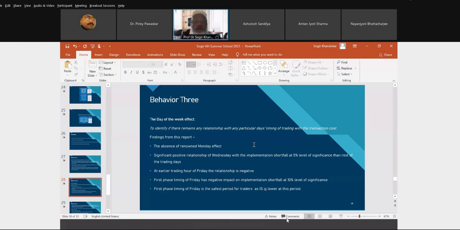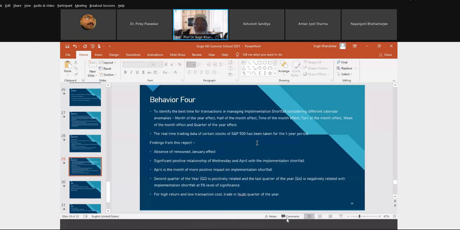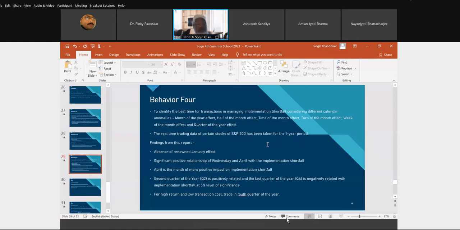And in behavior 4, we try to find out which month is favorable, which week is favorable, which turn of the month time is favorable, which quarter is favorable, and finally we conclude that the fourth quarter, the period of October, November, and December, is better for decision making with the analysis of investment implementation shortfall.